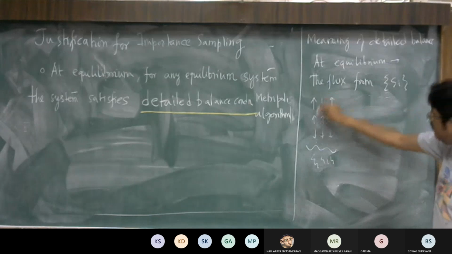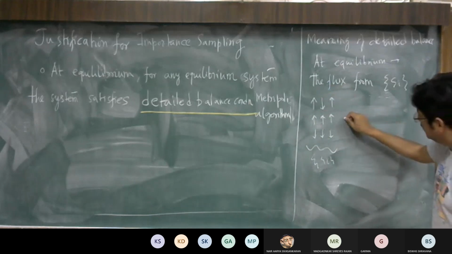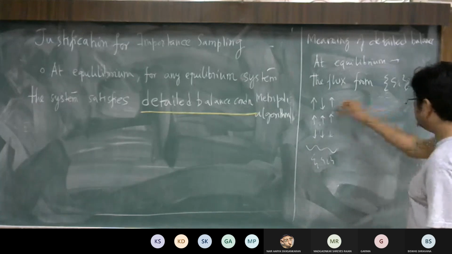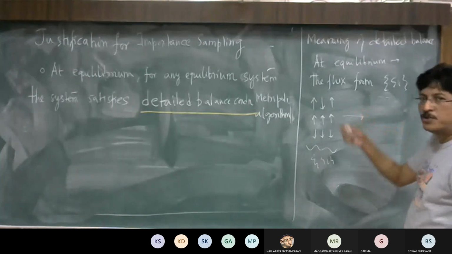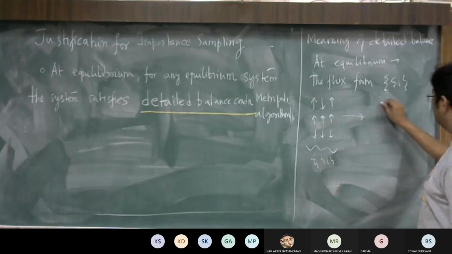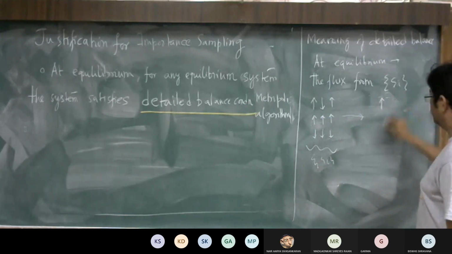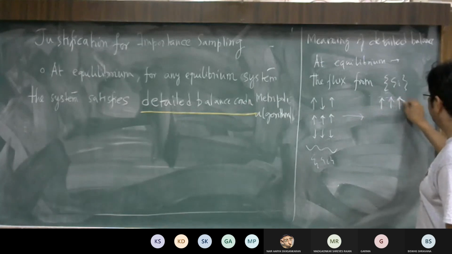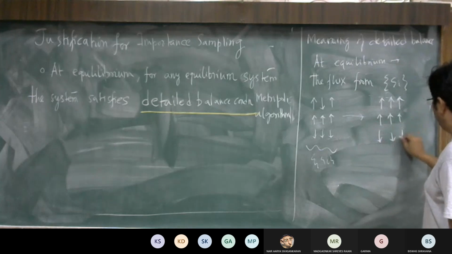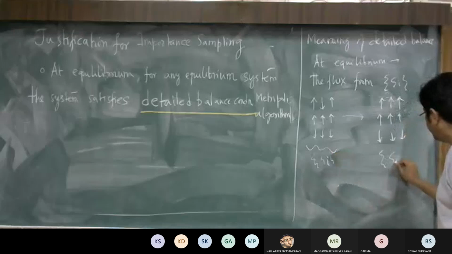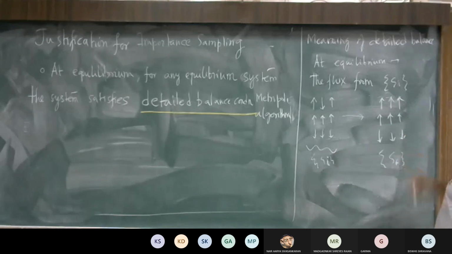At equilibrium, from this configuration, the flux or the change to some other configuration. Let's say I want to look at a configuration where one of the spins is flipped from this configuration. So that would be some other configuration. Let's say I have flipped this particular spin. If I denote this one by SI, let's say this other configuration is SF.